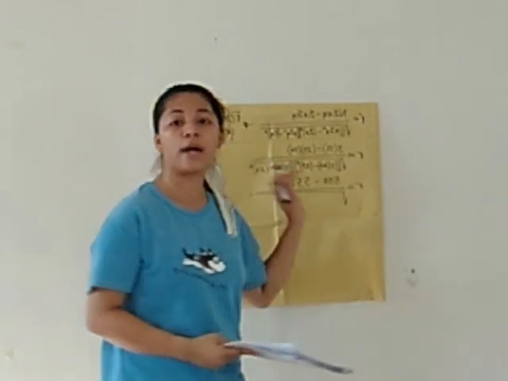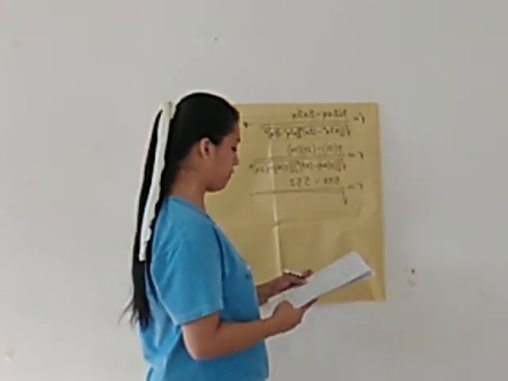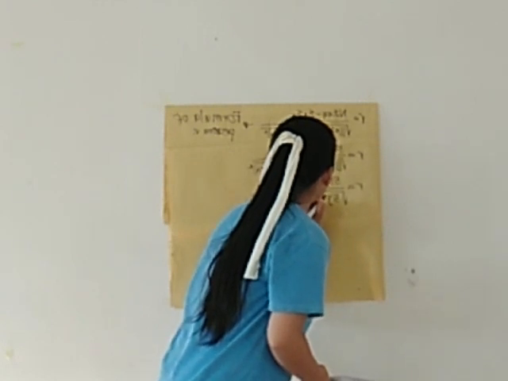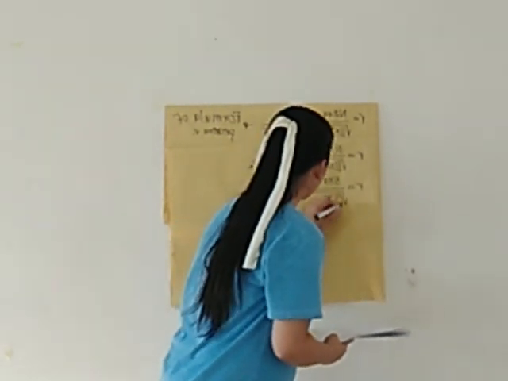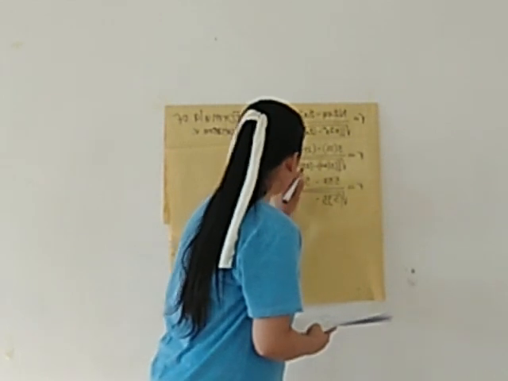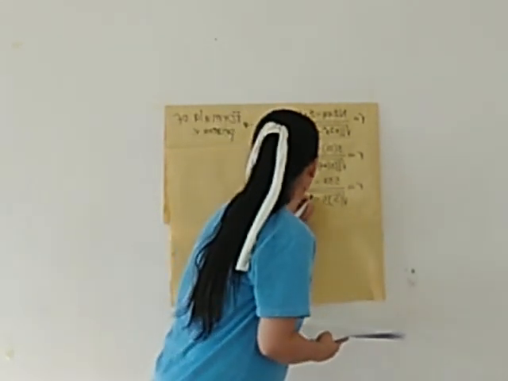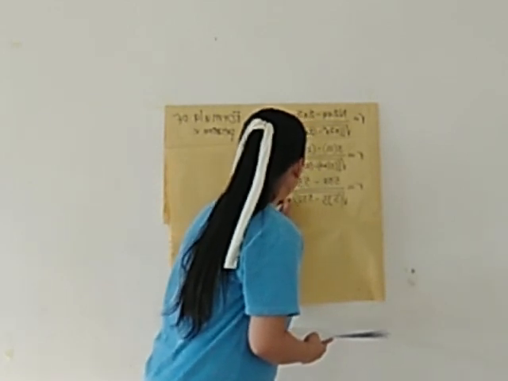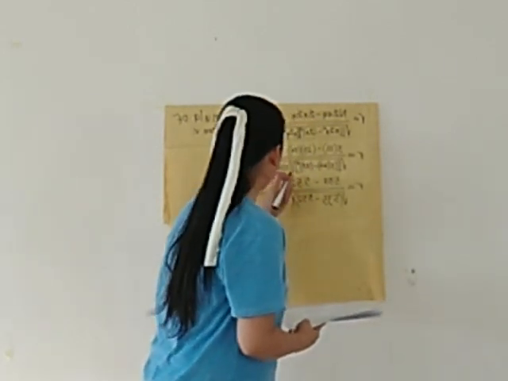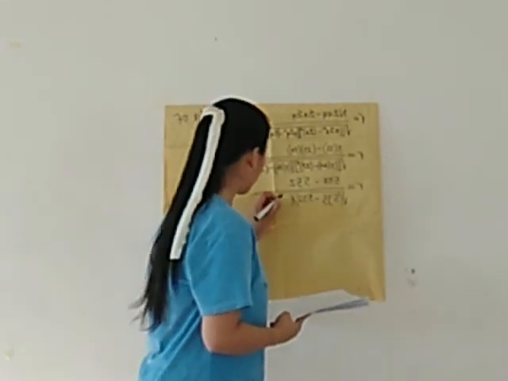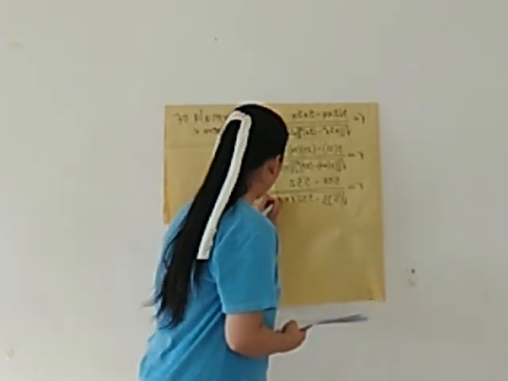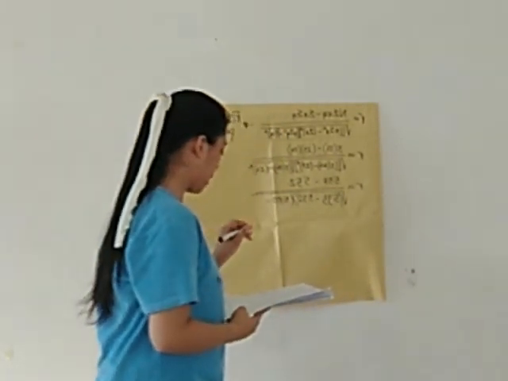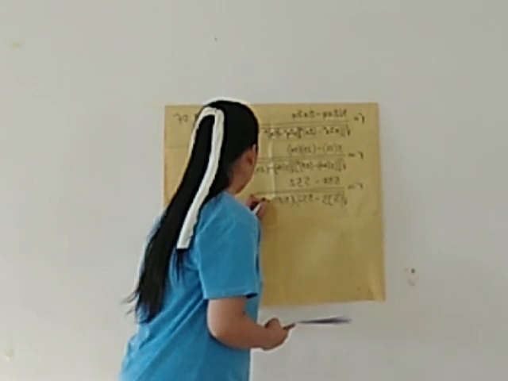So 5 times 107 is 535, minus 23 times itself, 529. So 5 times 116, 580, minus 24 times itself, so 576.